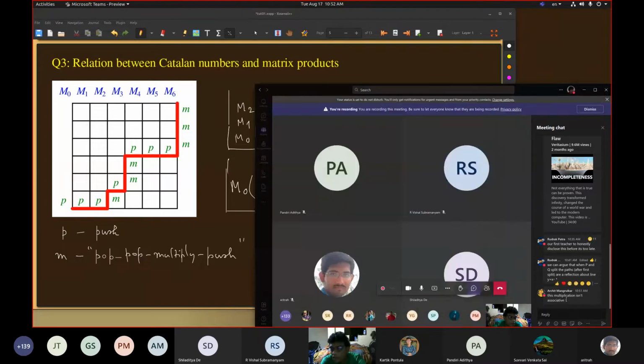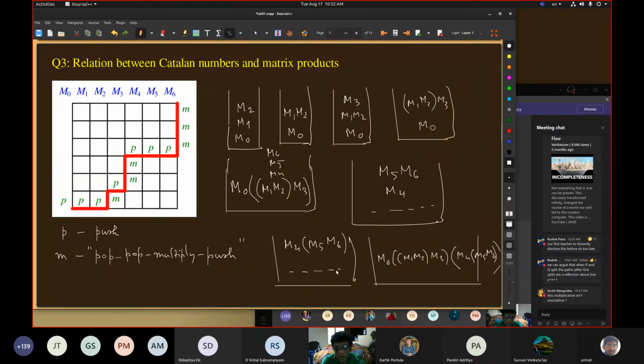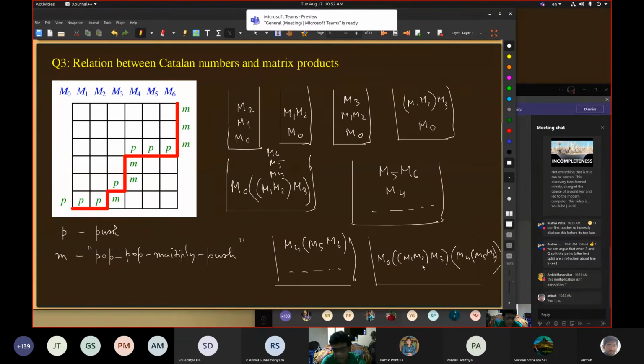Here's the question. This multiplication isn't associative? Yeah, it is associative. Matrix multiplication is associative. So this explicit parenthesization essentially says that I will first multiply M1, M2. Then I will multiply that thing with M3. Then I multiply that with M0.